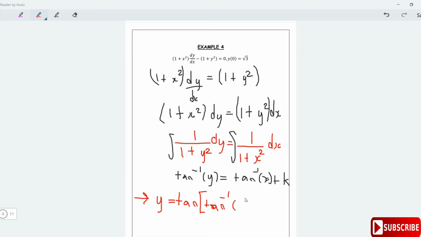All I did was take the tan of both sides to get rid of tan inverse. But always remember, tan of tan inverse cancel each other.